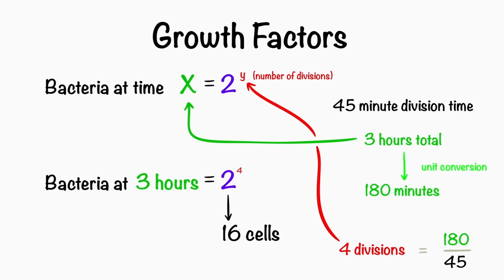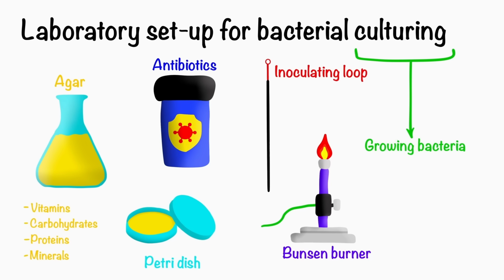Now, let's move on to how scientists grow bacteria in laboratory settings. This process is called culturing, and it's essential for studying bacterial characteristics and testing antibiotic effectiveness. To culture bacteria, scientists need to provide them with all the nutrients they require.